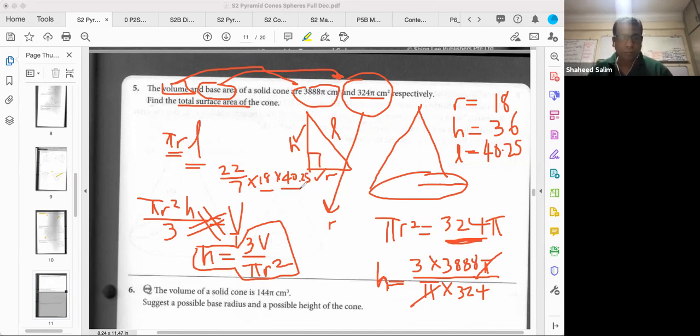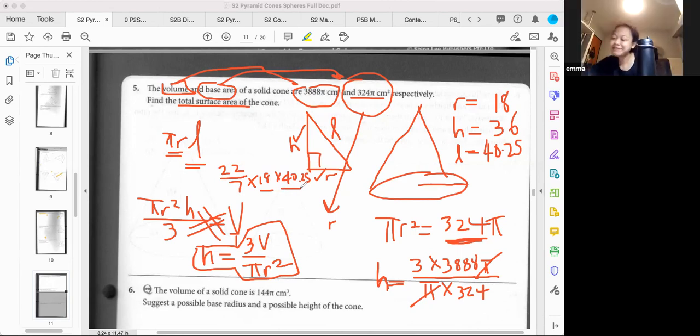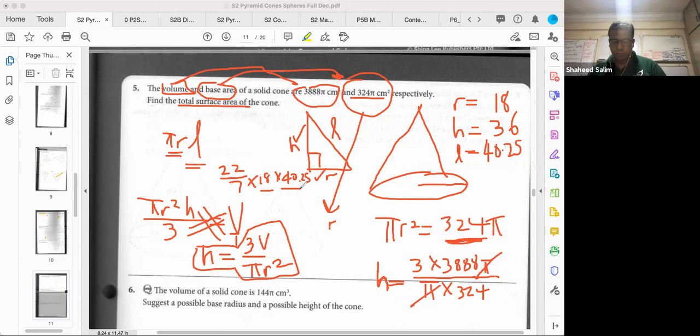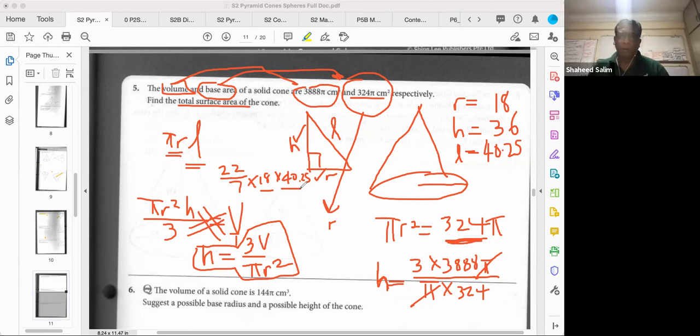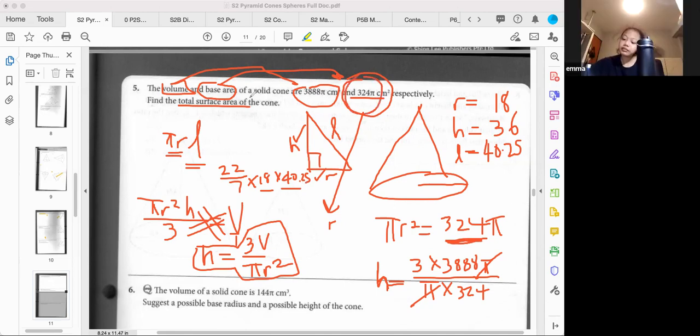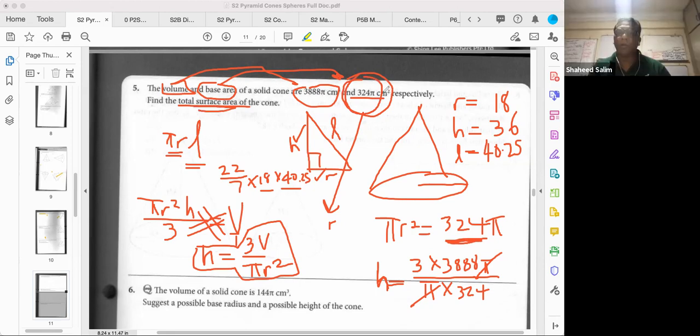Do you do that? Okay, just let me check. No, it's not too big a number. 2276. Okay, well done. Then you add to this one because you want the total surface area, but remember you've got to change the pi.